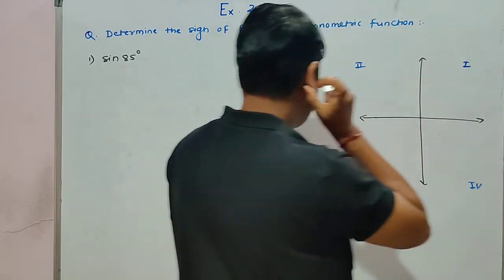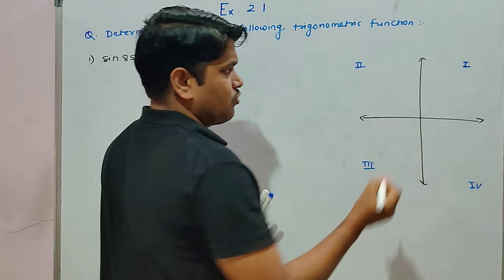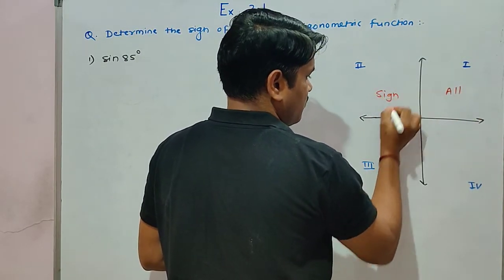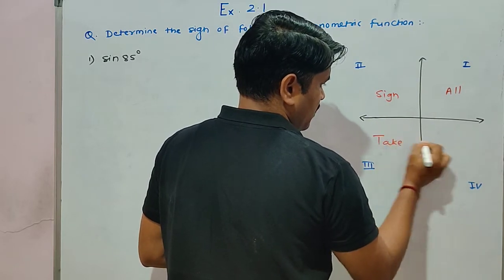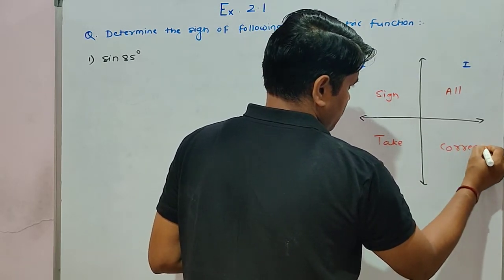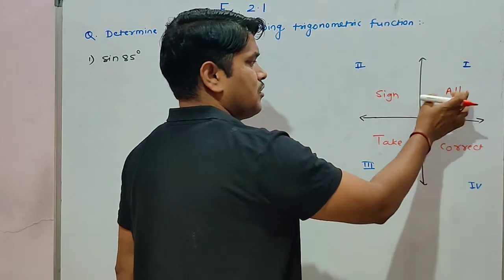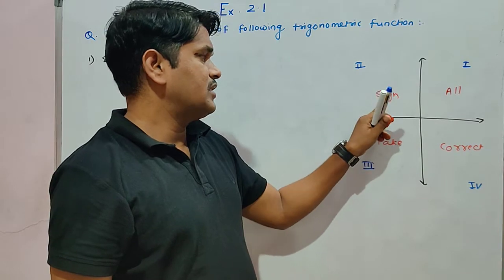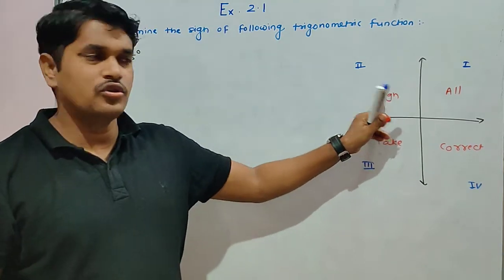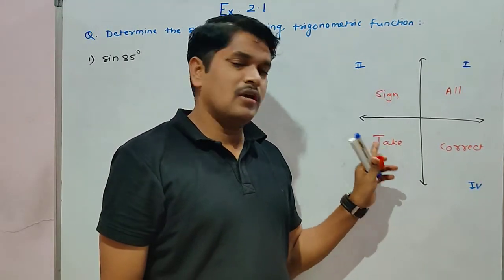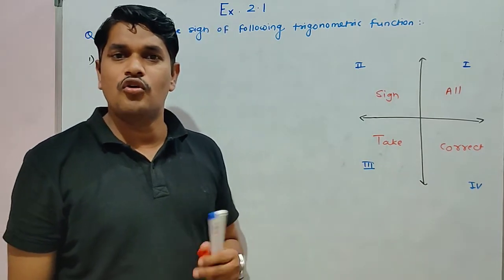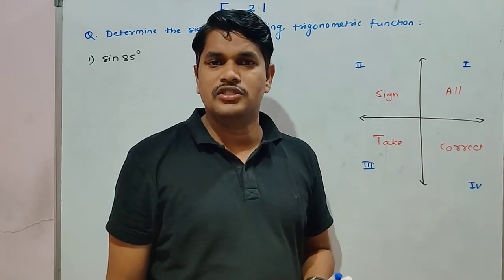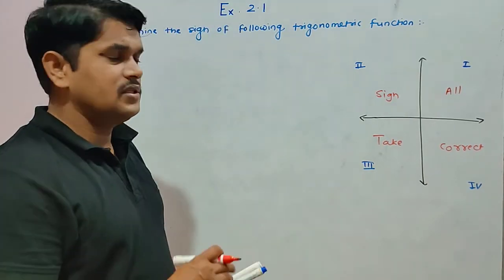In the first quadrant, all trigonometric functions are positive. In the second quadrant, only sine and its reciprocal cosec are positive. In the third quadrant, tan and its reciprocal cot are positive. In the fourth quadrant, cos and its reciprocal sec are positive, and the remaining are negative.